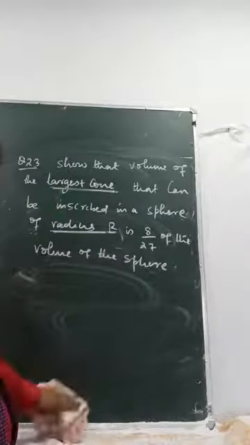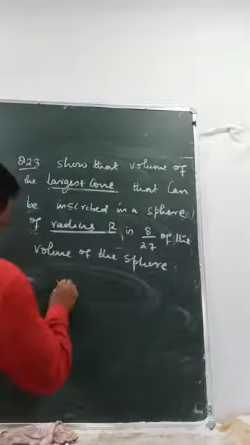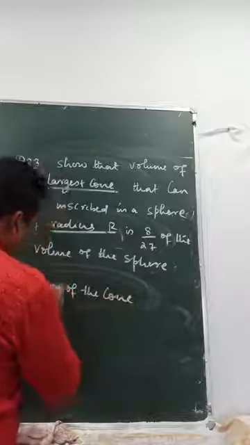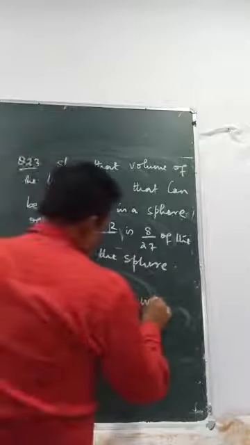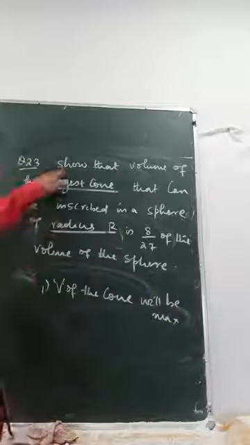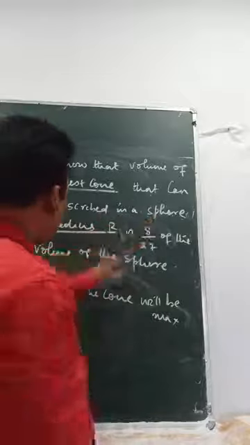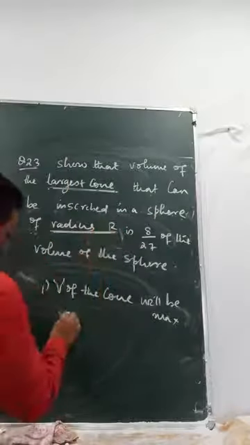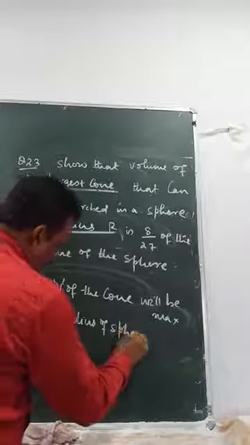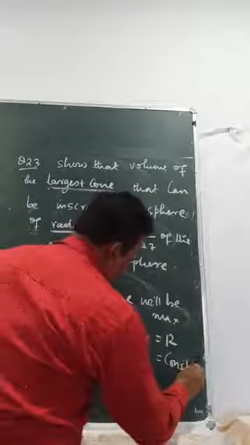Okay, look, largest cone, volume of the cone, first point will be maximum. ये फर्स्ट क्लू हो गया. Volume of the largest cone that can be inscribed in a sphere of radius r. Radius of sphere is r, which is constant. This is a very important point for us.